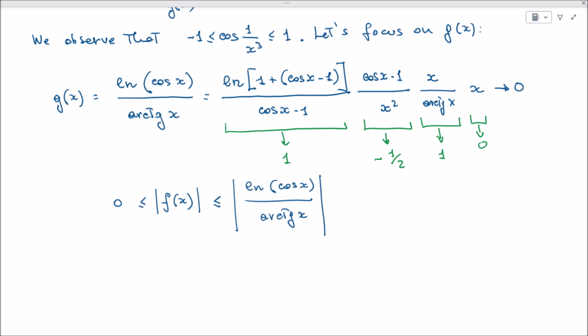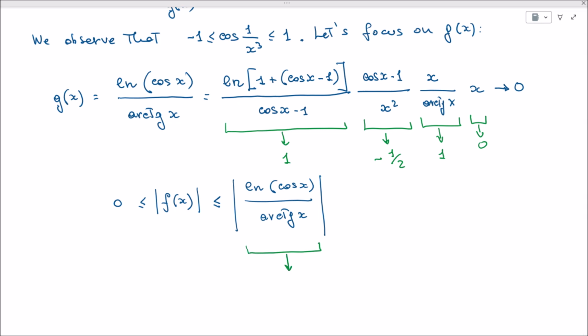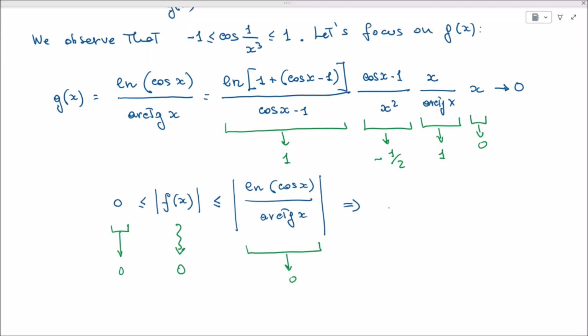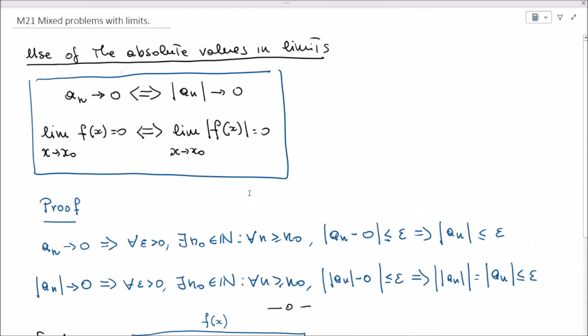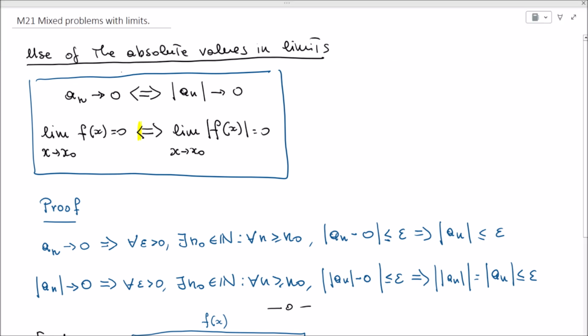And we just proved that this tends to 0, this is a constant, and by the squeeze theorem we know now that the absolute value of f of x tends to 0, which implies that f of x tends to 0 by just using the previous statement, and in particular the fact that we are using this part of the arrow.